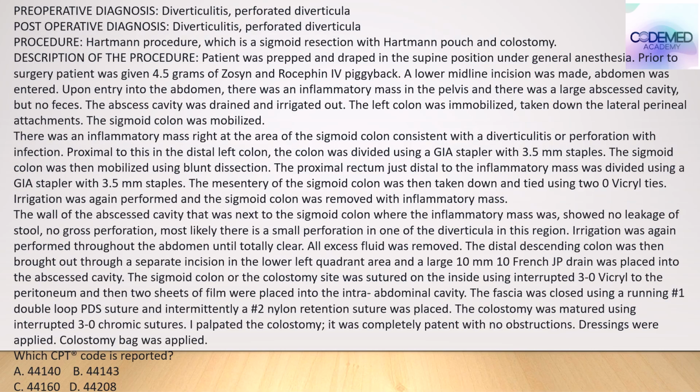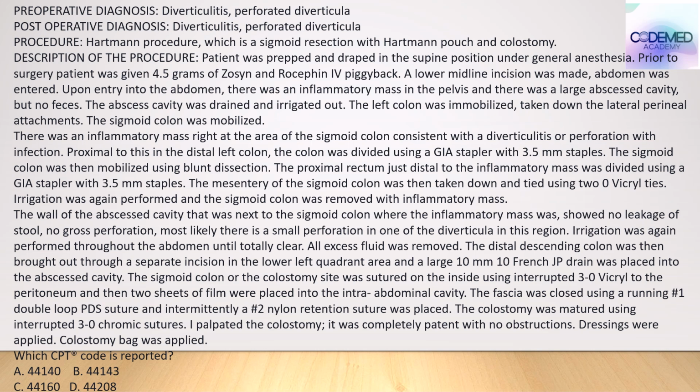So this is the operative report, and in the CPC exam you will have an operative report per system. Whenever the operative report is there, the length of the question is very long, and just looking at the question length, sometimes the student gets panic.